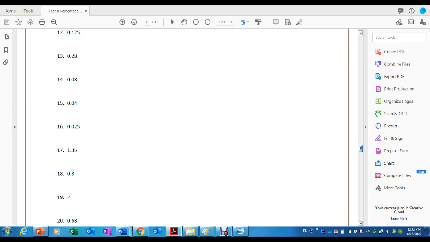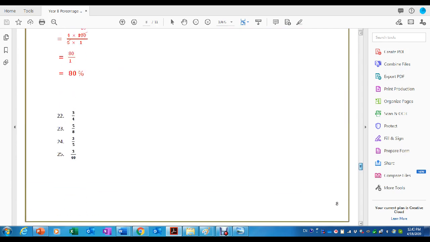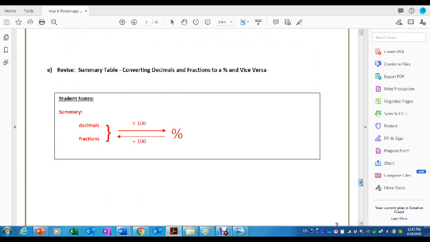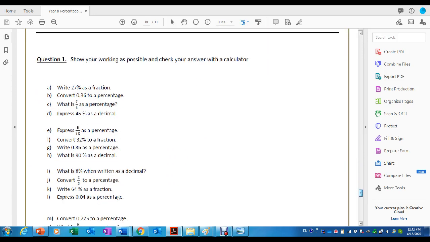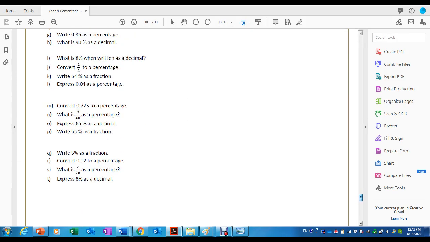For those who finish all this homework, you might try more here. Show your work as much as possible and check your answers with the calculator for all these. You can do them now actually.